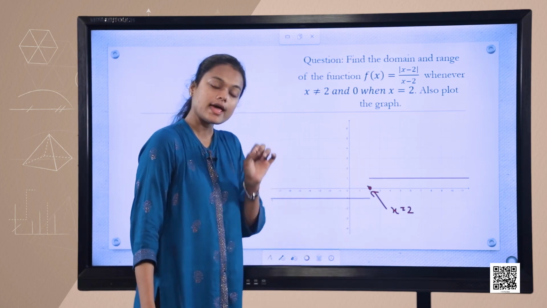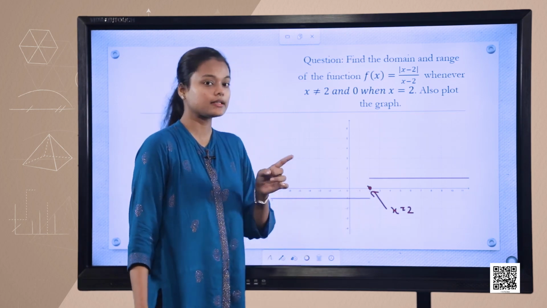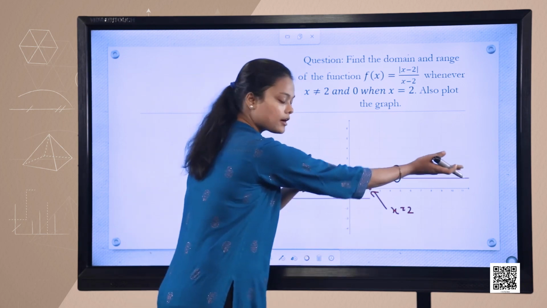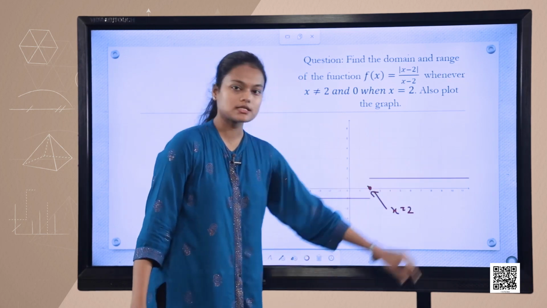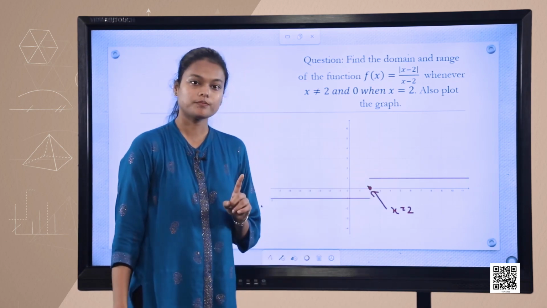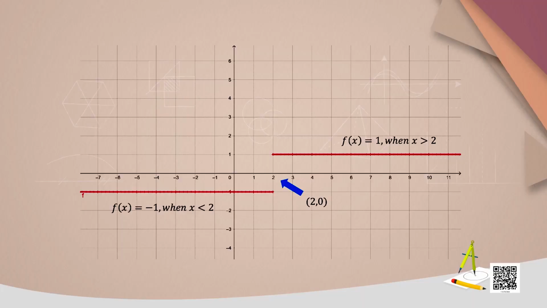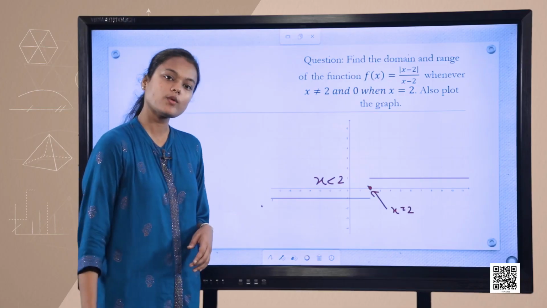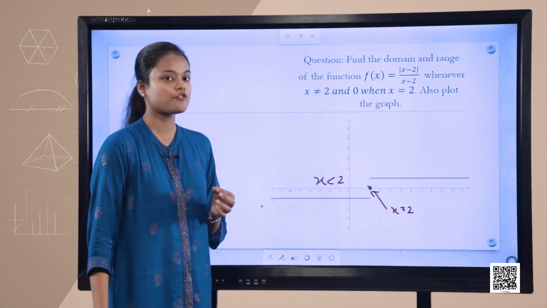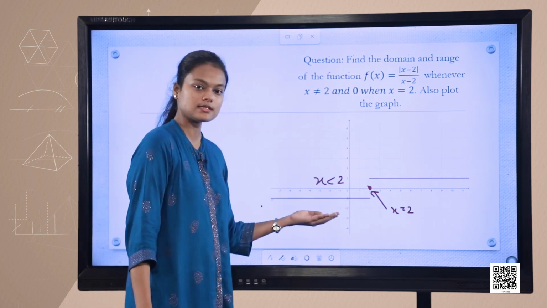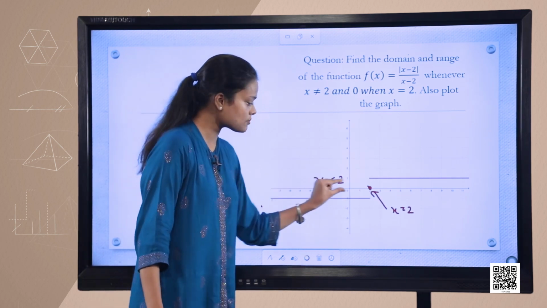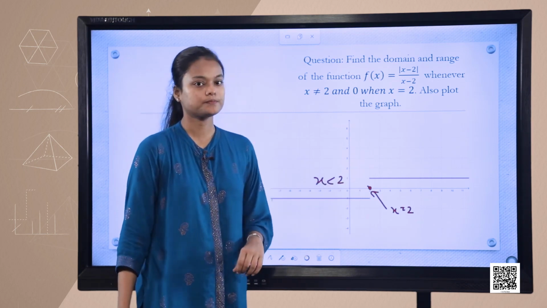And whenever x is taking all those values which are greater than 2, a line parallel to the x-axis where the vertical distance remains the same, which is 1. When x is less than 2, then it is taking value negative 1. So it forms a parallel line below the x-axis where again the distance remains to be 1.